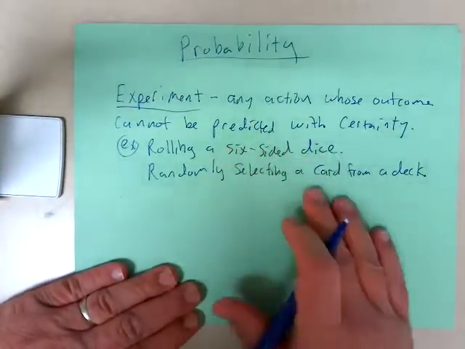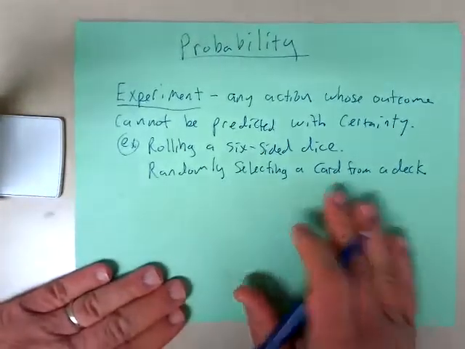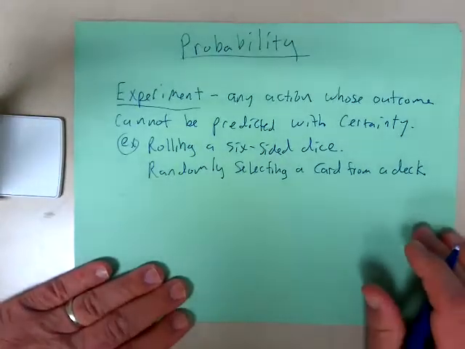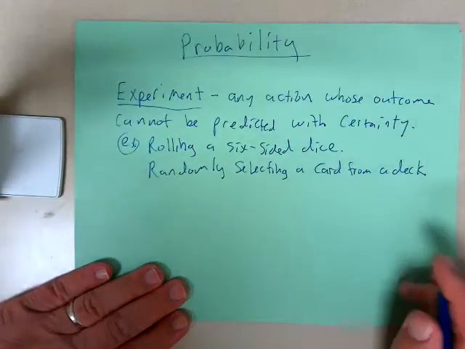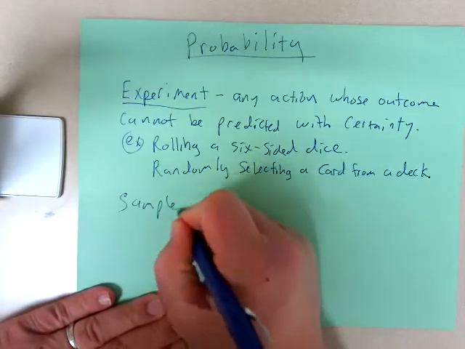So what we're going to do is I'm going to just use these two examples to illustrate how to calculate a probability. Okay, so now a sample space. This is another term.